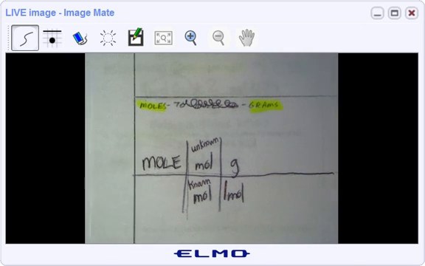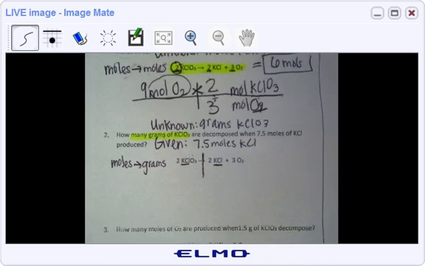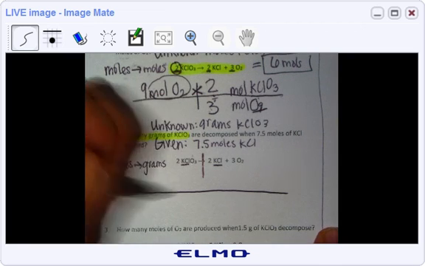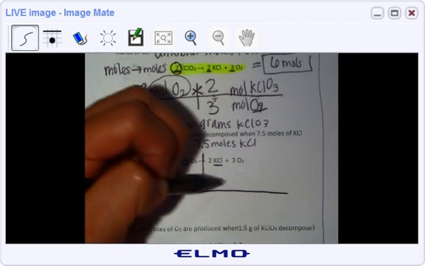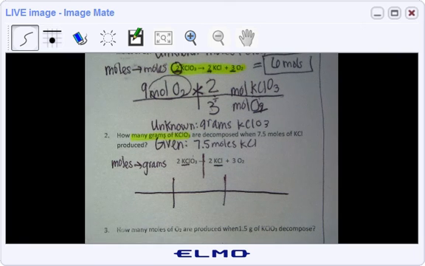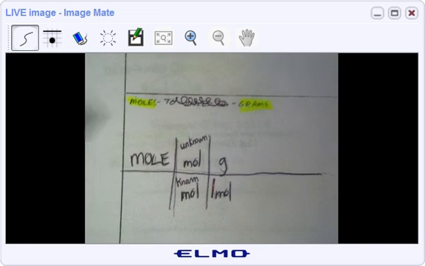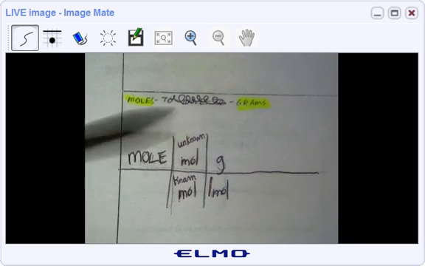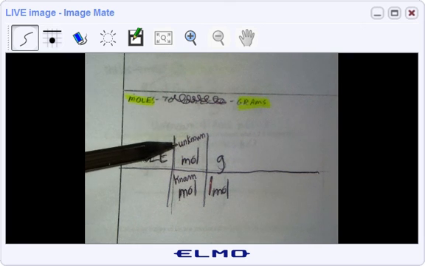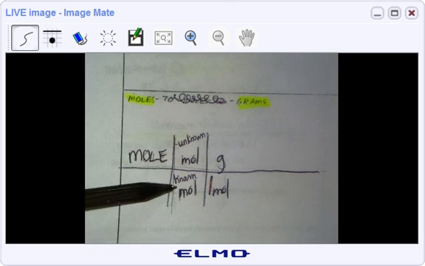So I'm going to go back and forth. I'm going to create my chart. Okay, I'm going to put this up. So the middle boxes is a mole and a mole. Okay, but you put the coefficient for your unknown on top and the coefficient for your known on the bottom.